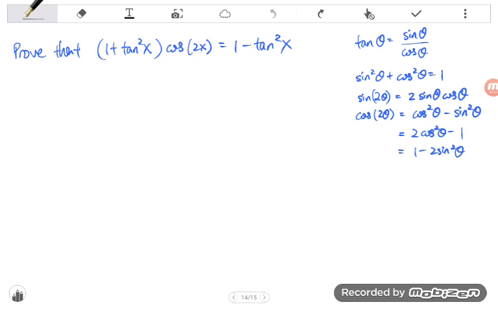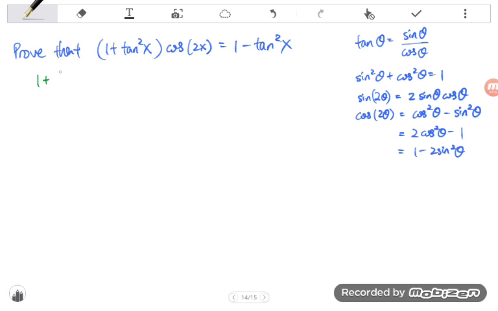The first thing that we should see is we have this cos 2x, and maybe later on we'll need to use that to help me, right? But I don't have anything for this 1 plus tangent squared x. But I can use tangent theta is equal to sine over cos to manipulate this tangent squared x, and I'm just going to do that. Then let's see what happens.